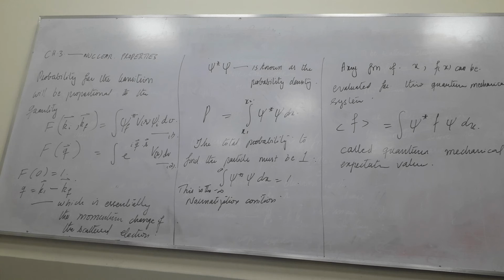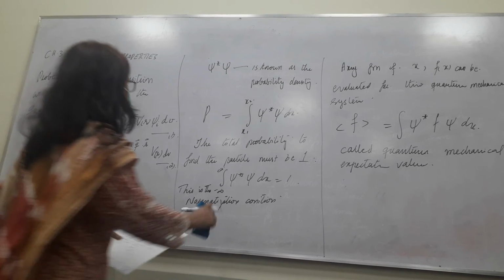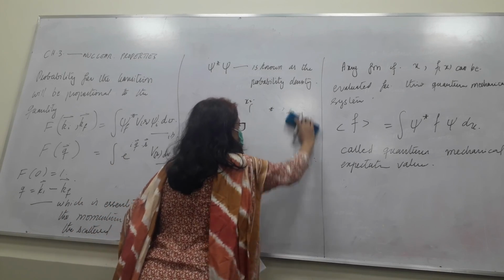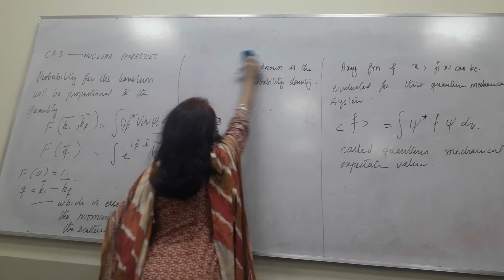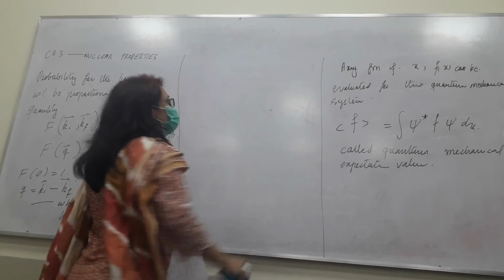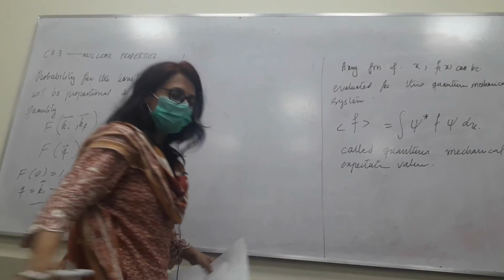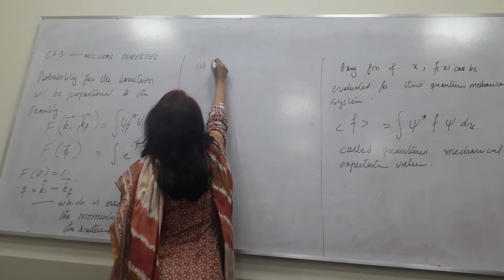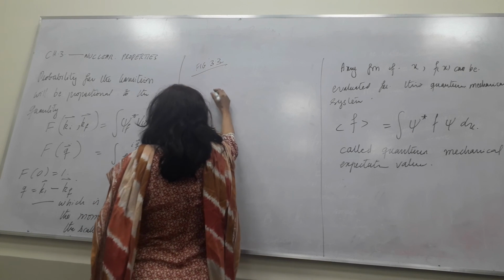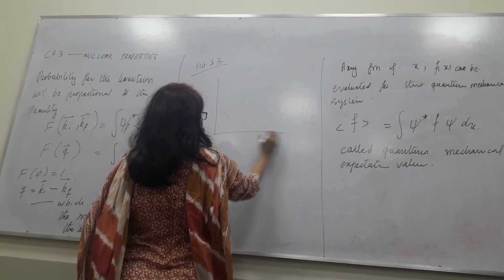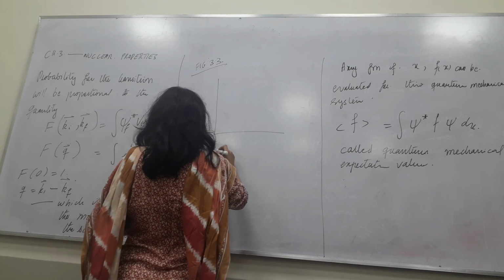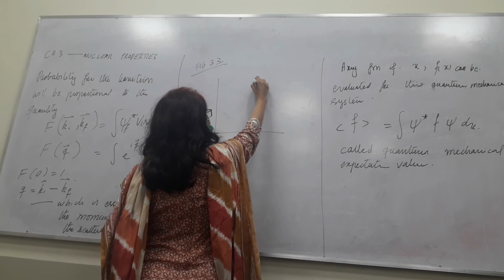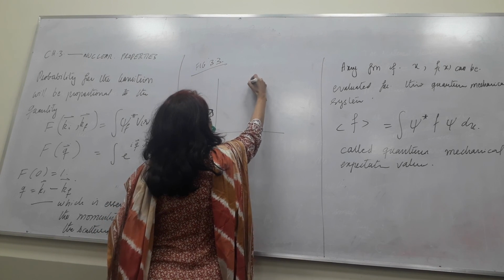So, if we have, this is a figure in your book which is figure 3.3, and according to this figure we have a system where we have an electron that is bombarded on a nucleus, let us say here.